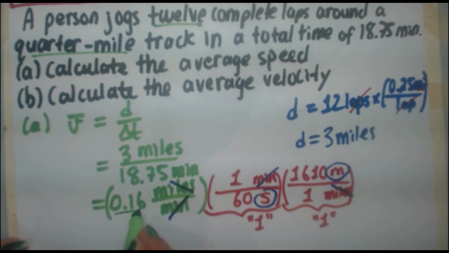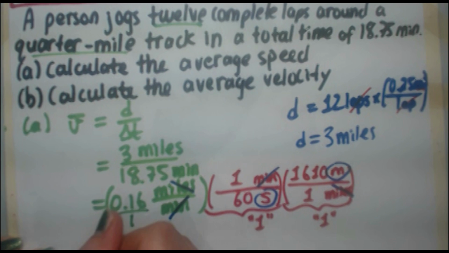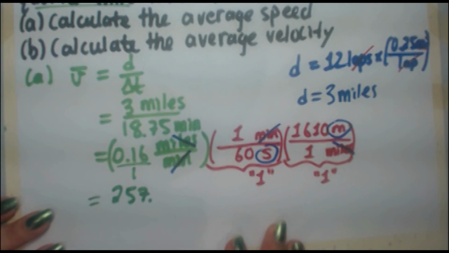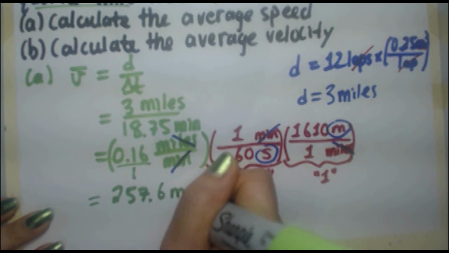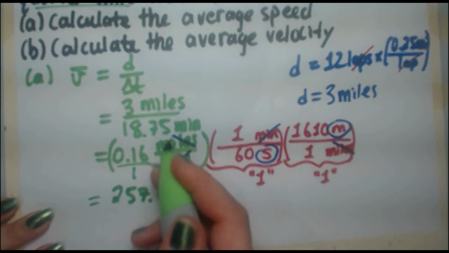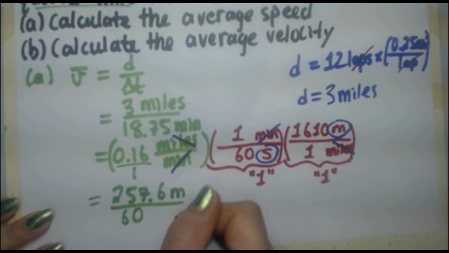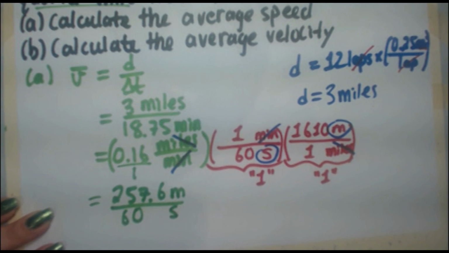Because if you look at this as a fraction, it's 0.16 over 1. And the way you multiply fractions is you multiply all the numerators across and then you multiply the denominators across. So 0.16 times 1 times 1,610 is 257.6 meters. 1 times 60 times 1 is 60 seconds.